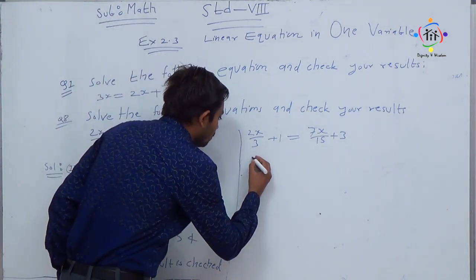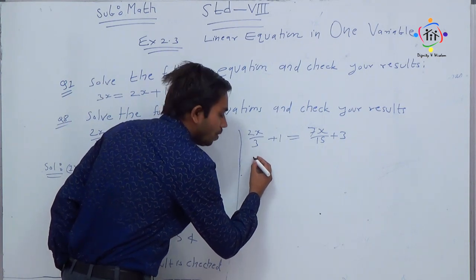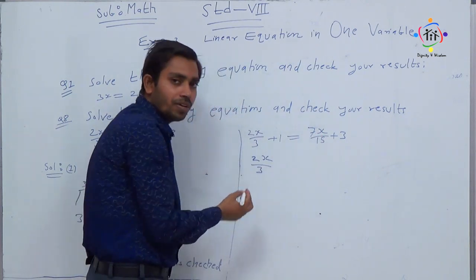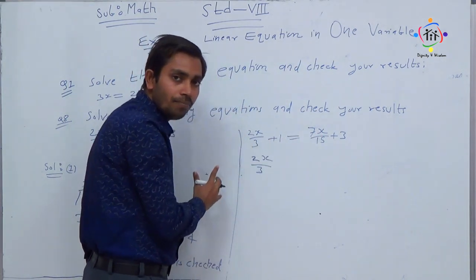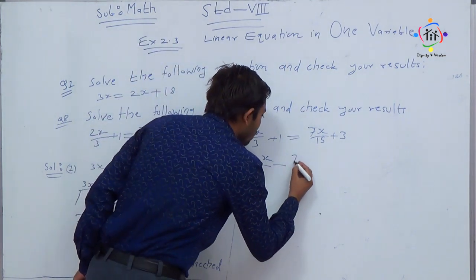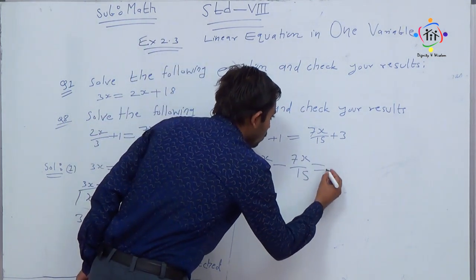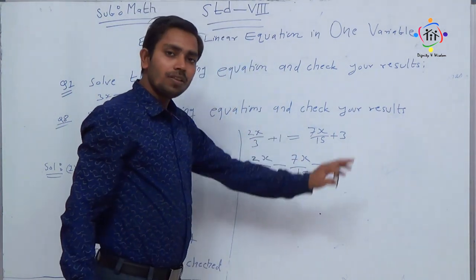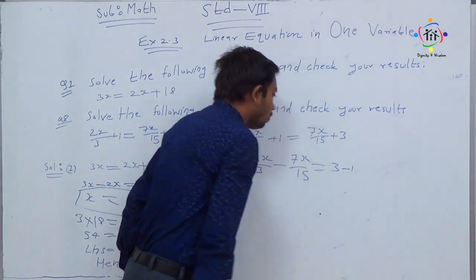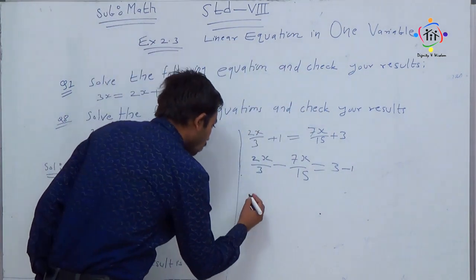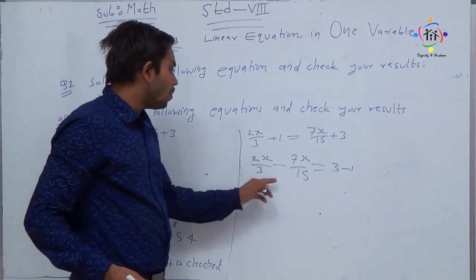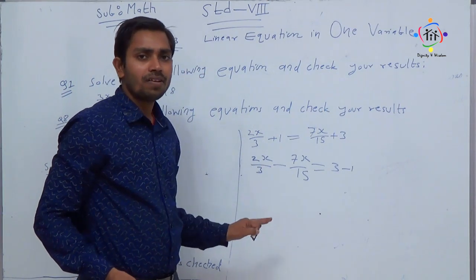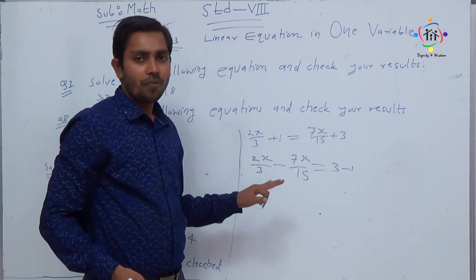So let us take the variable term to our left side. 2x upon 3, and 7x upon 15, when it comes to the left side, it becomes minus 7x upon 15 is equal to, already there is 3. Now I am taking this constant to that side, it becomes 3 minus 1, my dear students. So here now the denominators are different. So in order to do addition or subtraction, we must make the same denominator, my dear students.